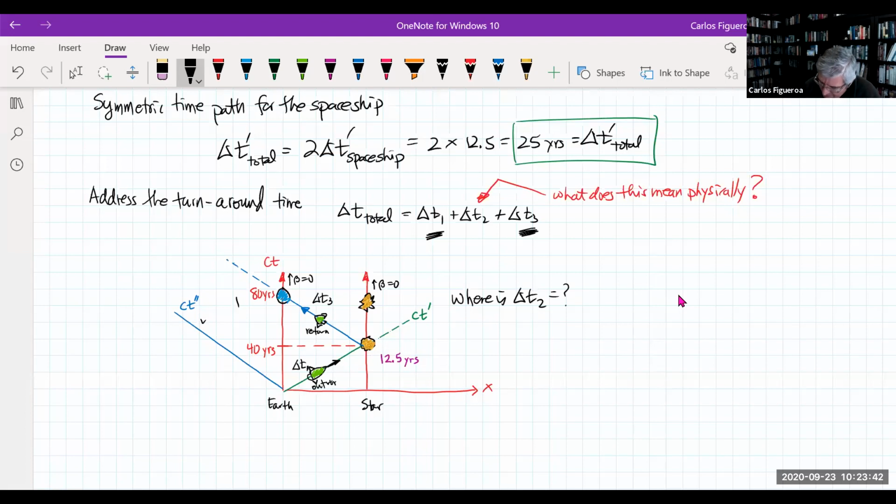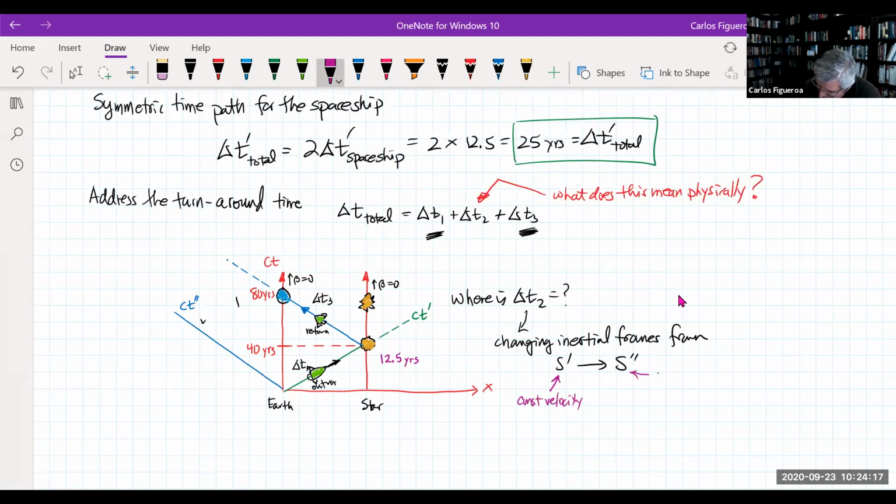And this time T2 refers to the fact that what you're doing here is changing inertial frames from S prime to S double prime. Now, when I say inertial, that means that this is moving at what? Constant velocity.